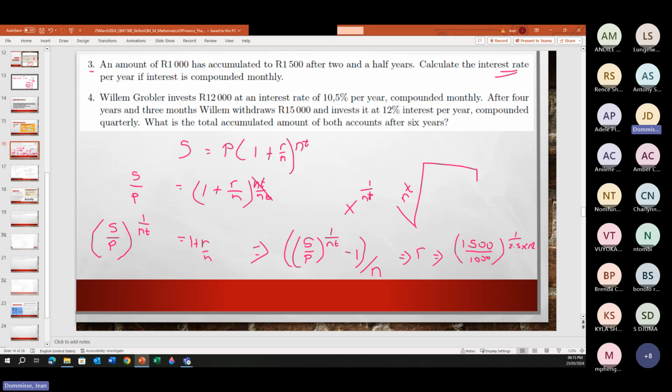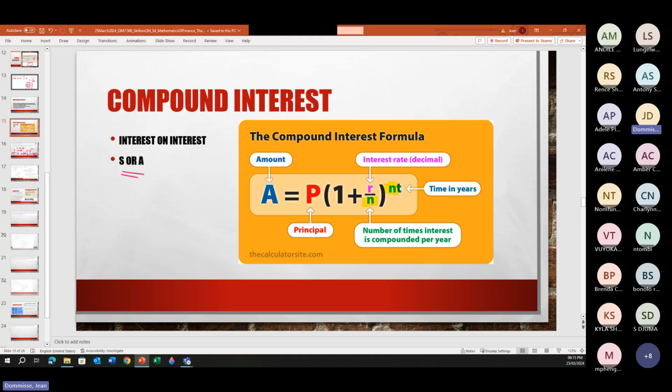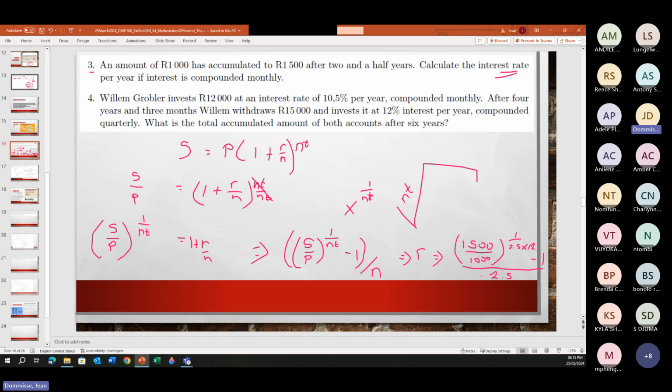So we need to still subtract 1 from that and then divide by n, which is 2.5, but again, let's just go back to the formula. So that is 2.5. Okay, so yes, there is a question.